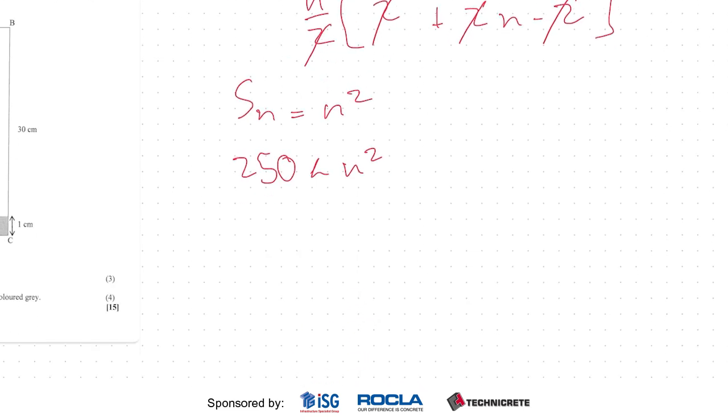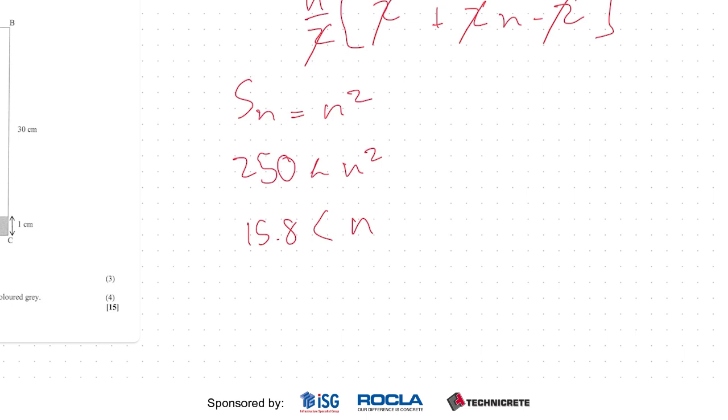We can just take the square root on both sides, so n would be greater than 15.8, or 16. You can just round it off. So the sum of the 16 first differences will be greater than 250.